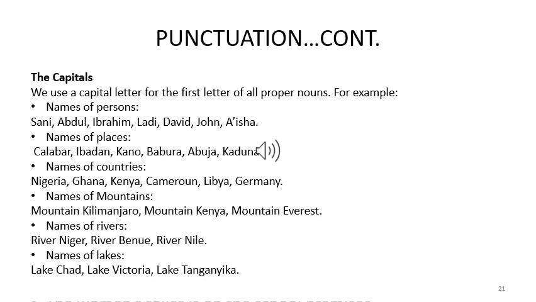We also use it for the names of countries: Nigeria, Ghana, Kenya, Cameroon, the names of mountains and rivers, right? River Niger, River Benue, Mountain Kilimanjaro, Mount Kenya, and also the names of lakes: Lake Chad, Lake Victoria, Lake Tanganyika, and so on and so forth. So you can see that you use capital letters as a punctuation mark. You use capital letters for proper nouns, proper names, names that are proper to something.